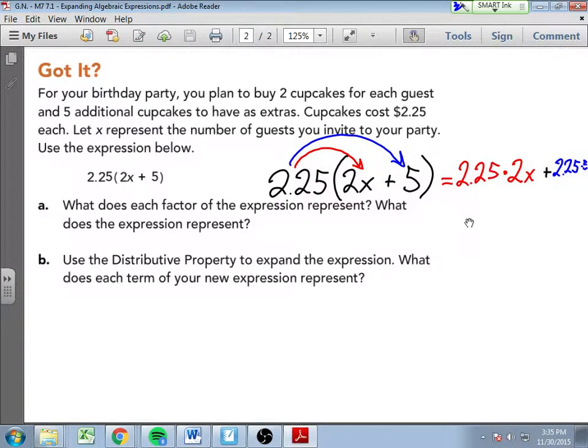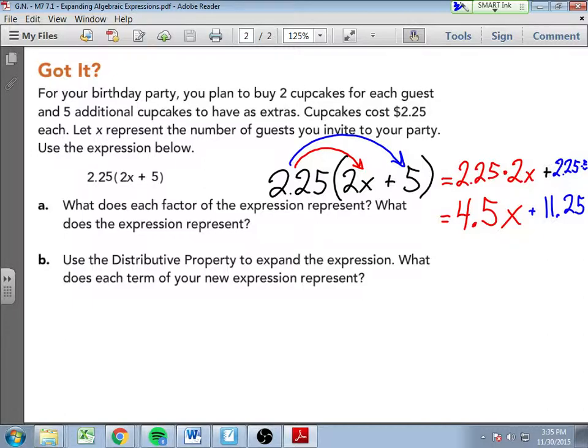Colin, what do I get when I take my 2.25 times 2x? Yeah, 4.50 or 4.5. So 4.5x, my x has to stay on there, plus 2.25 times 5. Nick? 11.25. And that is as far as I can solve this.